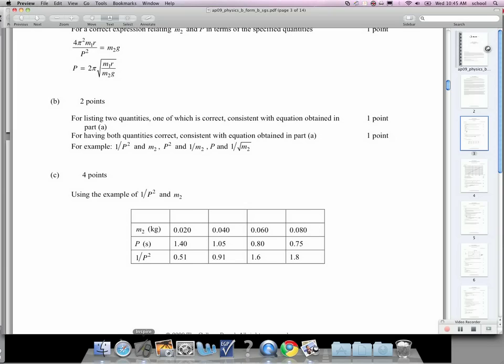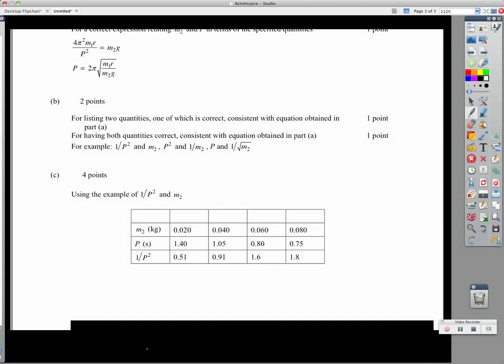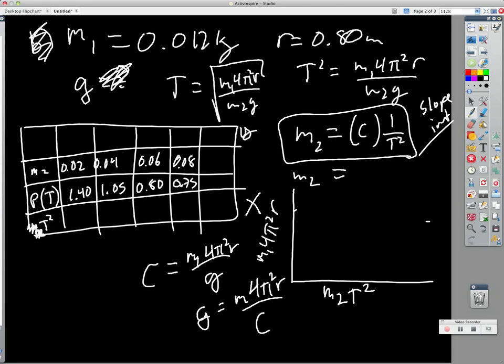Y equals mx. And then, once you've gotten this line, now please pay attention to this, okay? This is super important. Let's say the dots are like this. You do not use the dot values unless one of them specifically falls on your line. You're doing a best fit line.